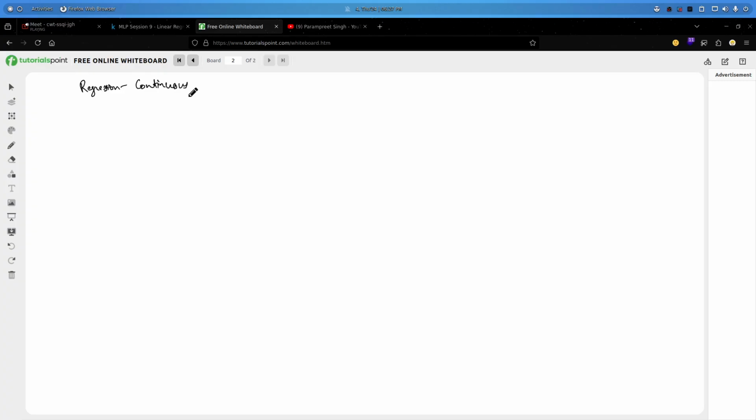Today we will be doing linear regression, sorry for the handwriting. Linear regression is a supervised learning algorithm. There are various techniques to train a model: supervised learning, unsupervised learning, self-supervised, reinforcement.